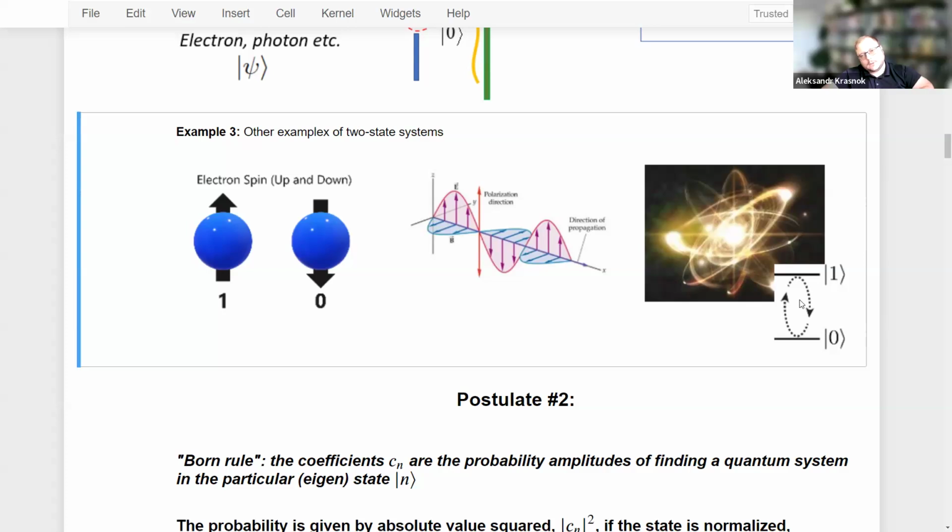And we can always select just two of them and consider transitions between just two energy levels. The lower level will be named the ground level or zero state. The upper level will be state one, the excited state. And considering these transitions between the two, you can describe the behavior of a qubit.